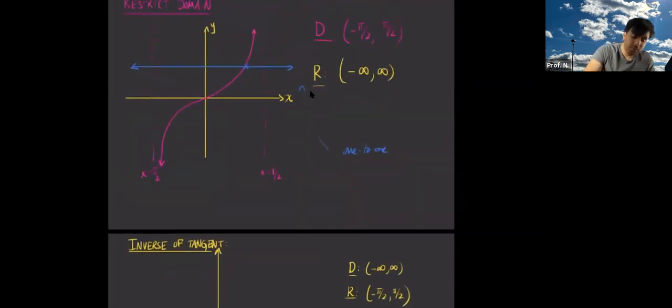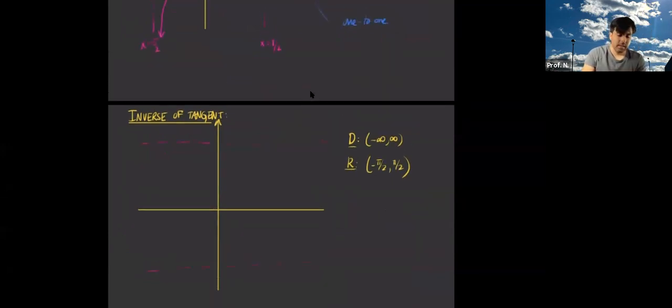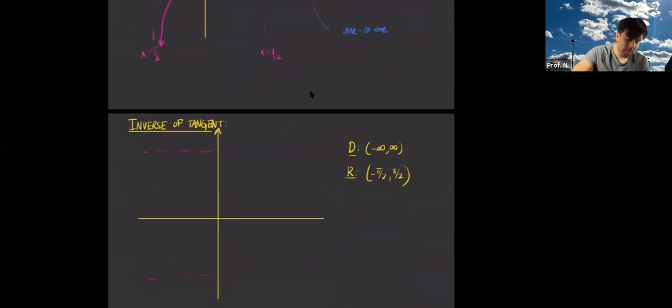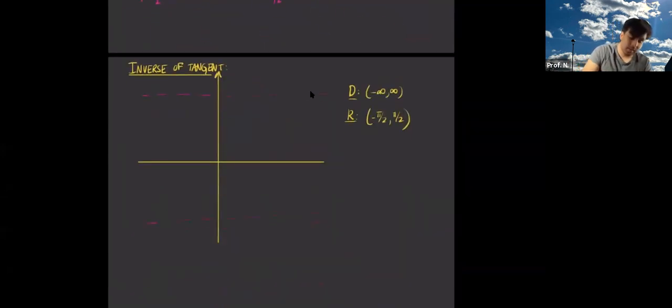My vertical asymptotes, remember, think about logarithmic functions. They have vertical asymptotes, and the inverse is exponential, so it's horizontal asymptotes. So my vertical asymptotes become horizontal. It's the inverse function of the tangent function, going from vertically downward to vertically upward. It's going to look like the same idea, but now horizontally speaking.